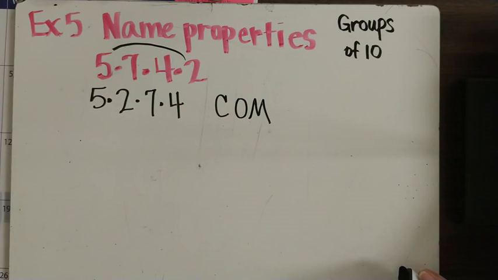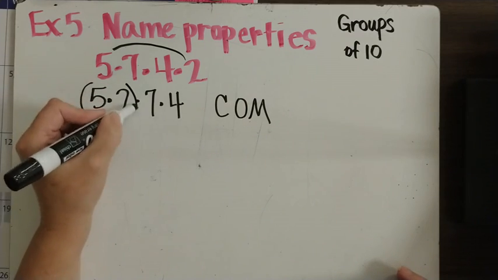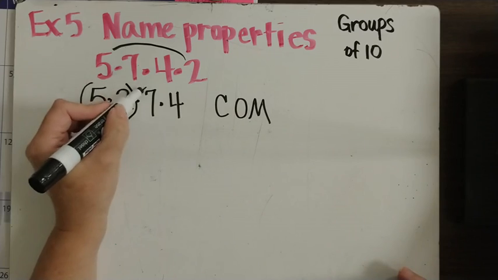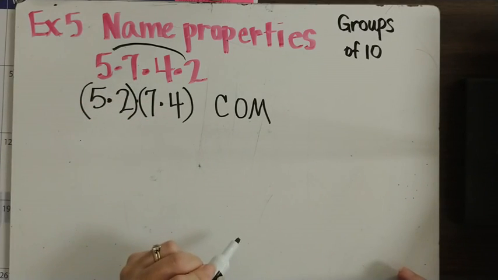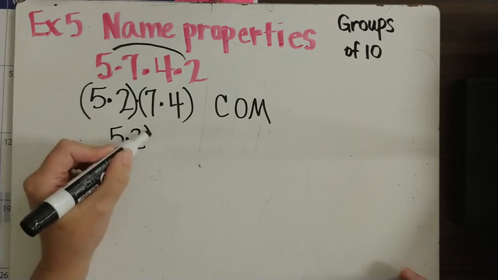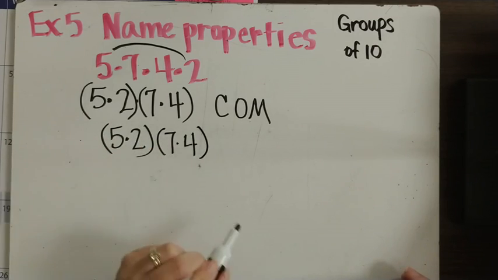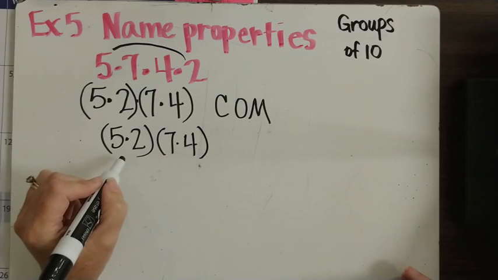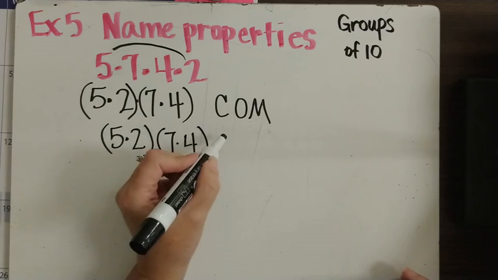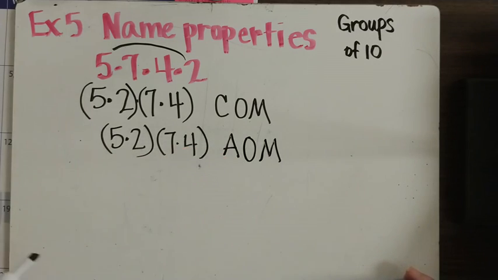Now that I have that, I'm going to look and see what do I want to group together. Well, I set it up so I could group together the 5 and 2 and the 7 and 4. So if I write this again, 5 times 2 and 7 times 4, all I've done is put parentheses in here, but I haven't changed the order. So this is the associative property of multiplication.